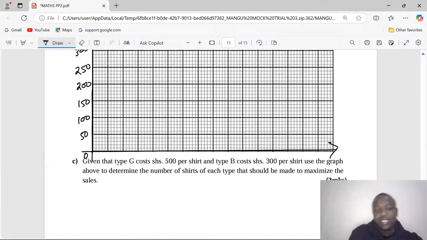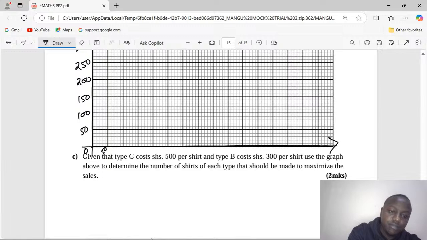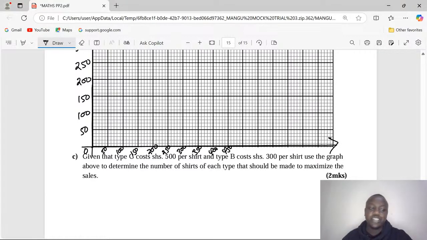Then on the x-axis, we can also begin with the same 50, 100, 150, 200, 250, 300, 350, 400, 450, and such.